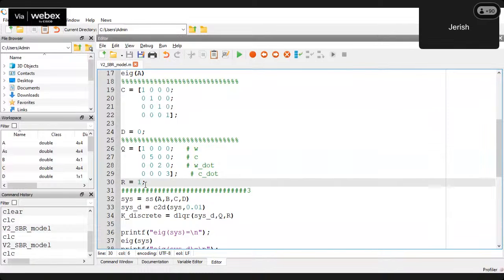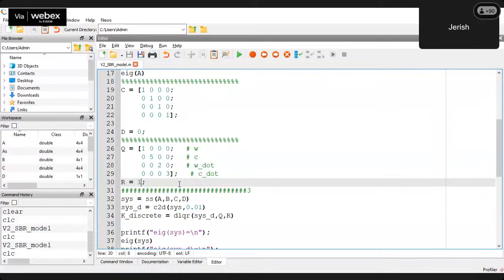Now for the energy cost, we are giving it 1 right now, because here we are considering that we are giving all the energy to a single-input system. Over here we have only the motors, which are calculated as theta W basically, to which we are giving all the energy.